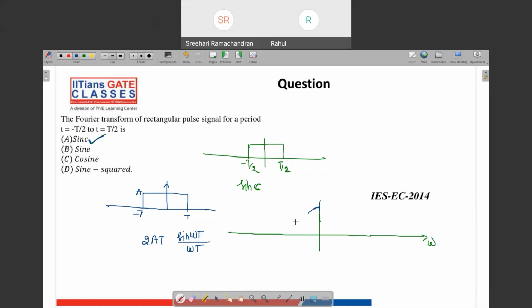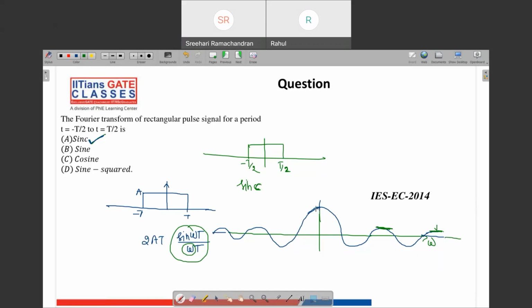Then since it is a sine, it will go down, up, down like this, and its amplitude keeps shrinking with omega. The reason is the denominator: as you increase omega, this complete thing goes down. So this height is going to be less than this one, and it will continue to shrink.